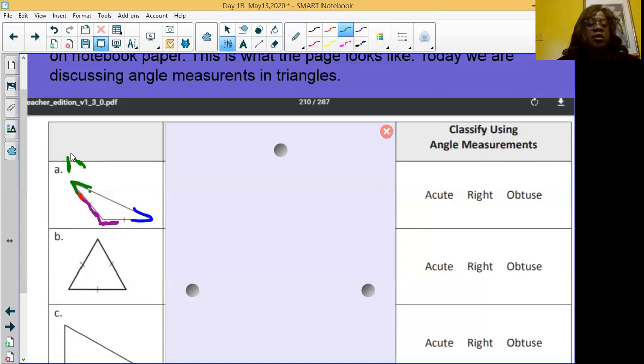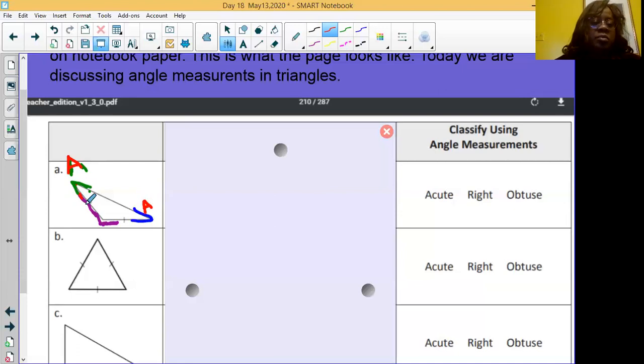I also know that my blue angle would be an acute angle. Acute meaning that it is less than 90 degrees. My blue angle right here would be acute, less than 90 degrees.